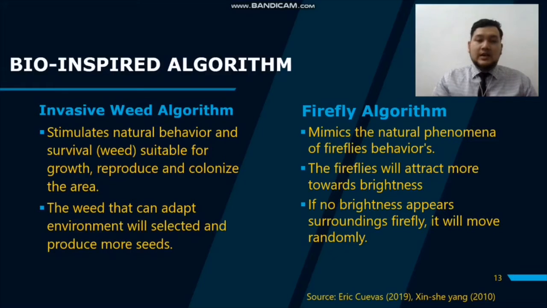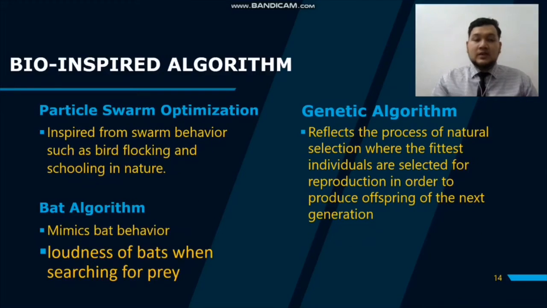Bio-inspired algorithm. There are many metaheuristic algorithms that have been researched by researchers. First is invasive weed algorithm, where it simulates the natural behavior of weeds suitable for growing, reproducing and colonizing an area. Second is Firefly algorithm. It mimics the natural phenomena of firefly behavior. Third is particle swarm optimization, inspired from swarm behavior such as bird flocking and schooling in nature.